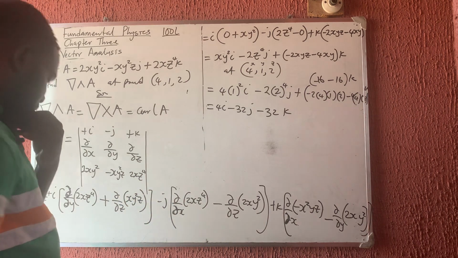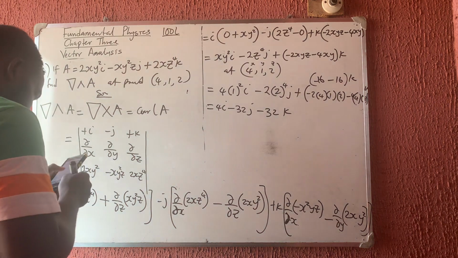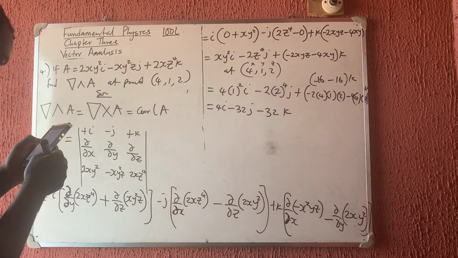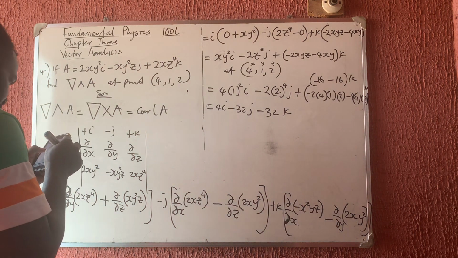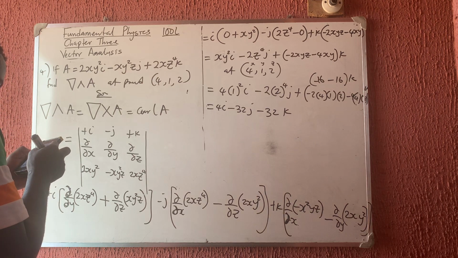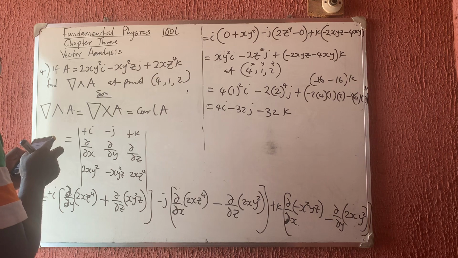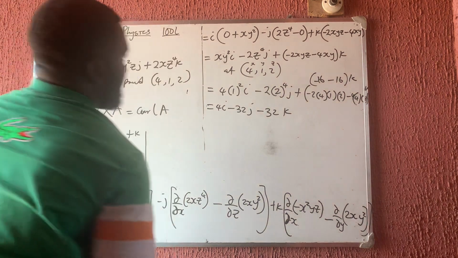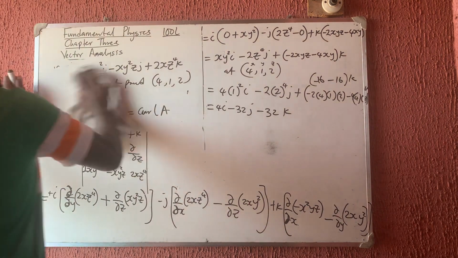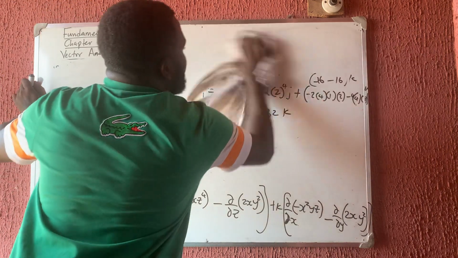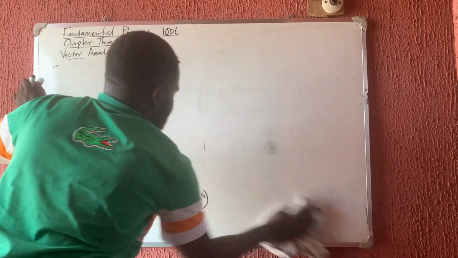They made a mistake. So they made a mistake in their own differentiation. So this is the correct answer there. So that is that. I hope it's not difficult to get. All right, so we move to the next one.